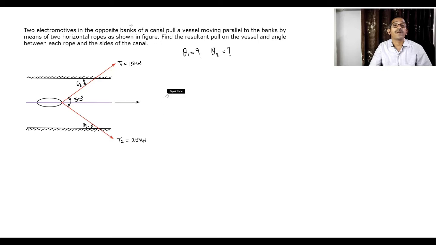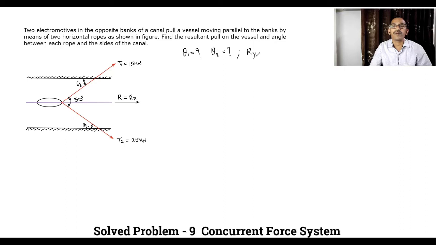What is the reason? A body always moves in the direction of the resultant force. That means the resultant of the two forces acts in the horizontal direction, so R equals Rx. If the resultant is in the horizontal direction, we will not get any component of the resultant along the y-axis.